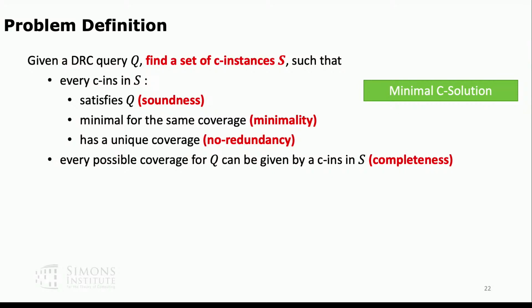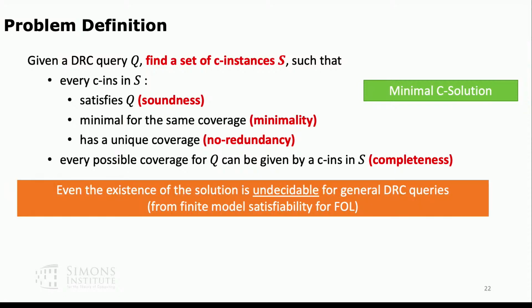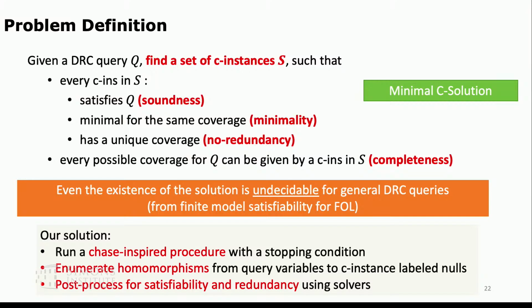Probably so far you have already figured out that this problem is undecidable, because even the existence of this solution is undecidable for general DRC queries, from finite model satisfiability of first order logic, Trakhtenbrot's theorem. So we cannot get an exact solution to this problem, but that does not mean that we cannot get a heuristic.